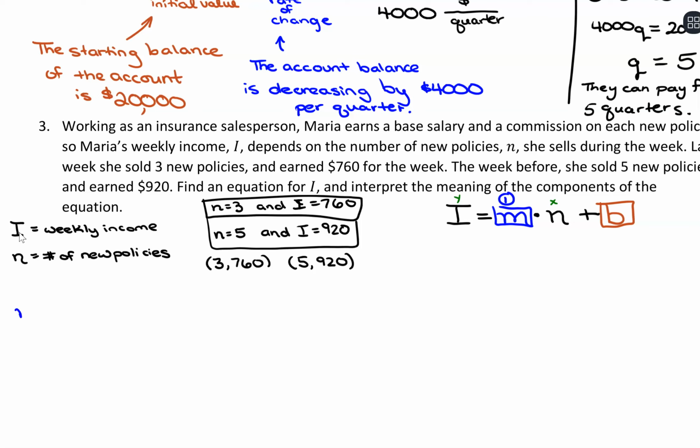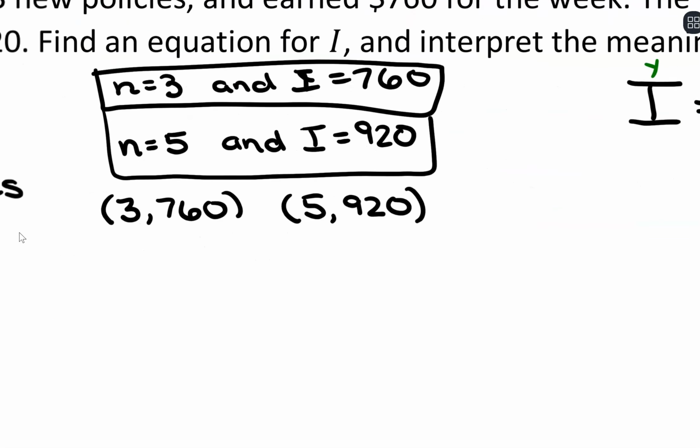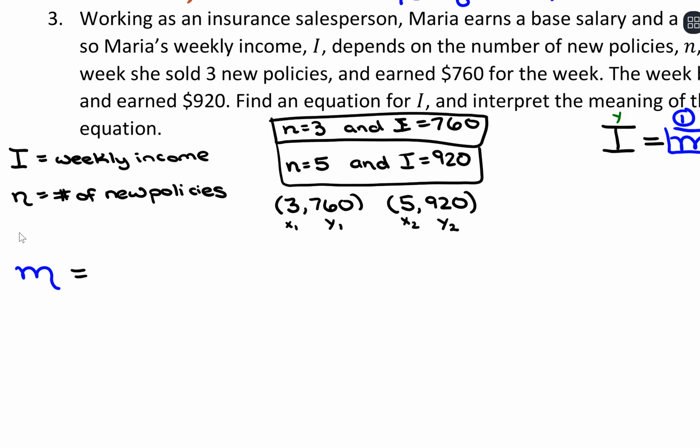So calculating slope, what we're going to do is take the difference in outputs over difference in inputs. Order doesn't matter in terms of which is 1 and which is 2. So let's say I call 3 x1 and 760 y1, and then 5 can be x2 and 920 could be y2. So what I'm going to do is take y2 minus y1 over x2 minus x1.